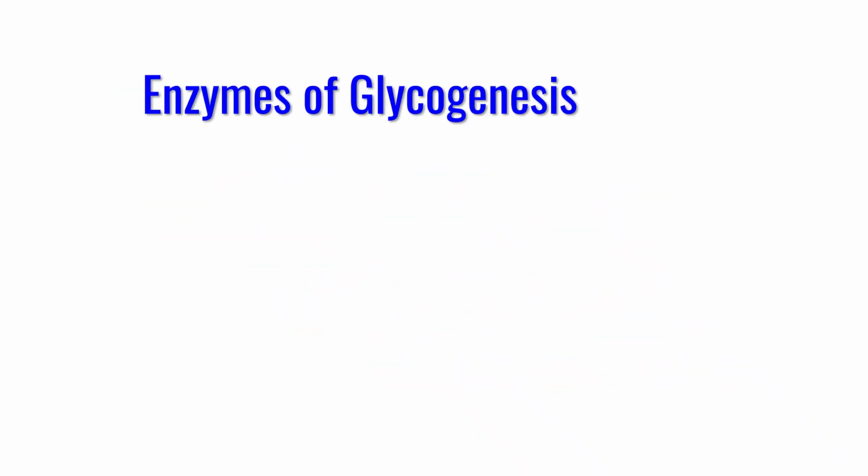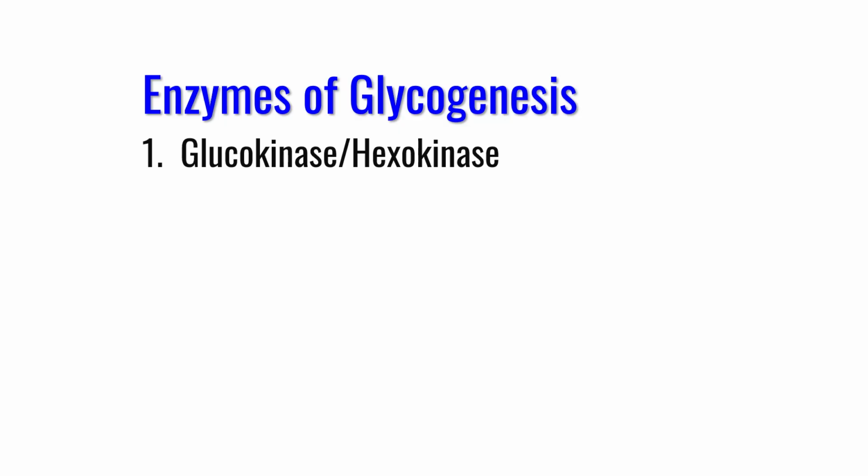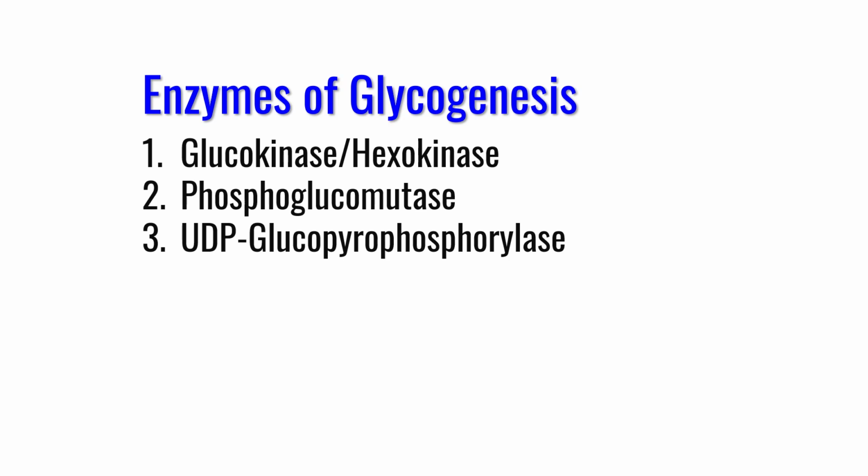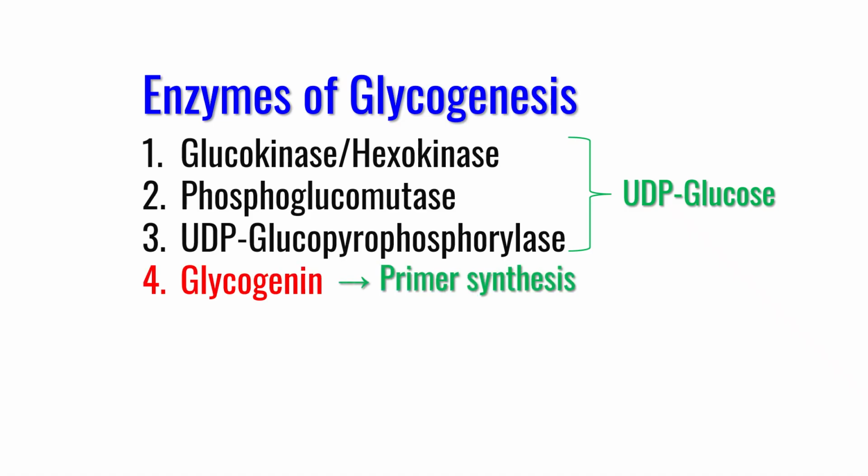Before discussing the mechanism of glycogen synthesis or glycogenesis, let us review the enzymes which are involved in this process. There are 6 total enzymes used in this process. First is glucokinase, active in liver, and hexokinase in the rest of the tissues. Second enzyme is phosphoglucomutase. Third one is UDP glucopyrophosphorylase. These three enzymes are used in the synthesis of UDP glucose, which is an activated precursor for the synthesis of glycogen.